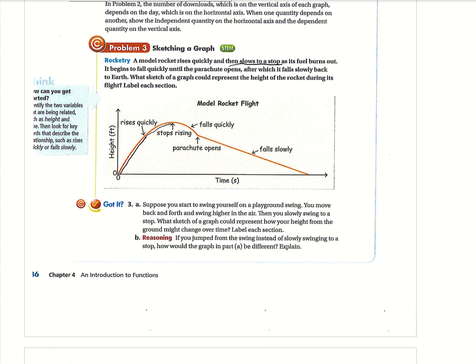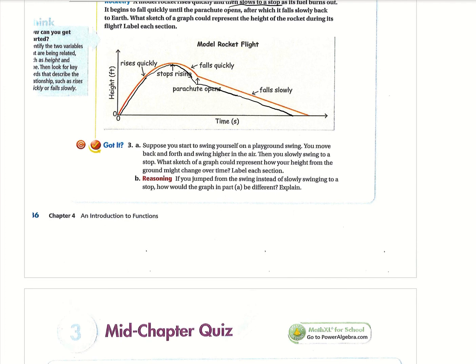After it stops rising, obviously it comes down because gravity. Gravity pulls it back down. It starts to quickly fall. And then boom, right here, the parachute opens. And then it steadily falls back to Earth. And right there, boom, that's where it hit Earth. That's just an example of how you can sketch a graph of a real world situation like that.